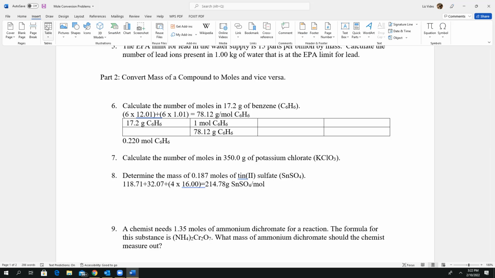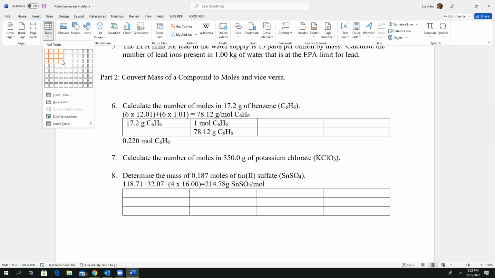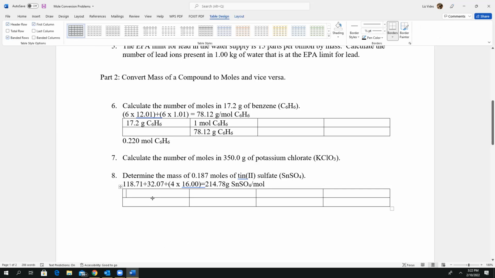We insert our little table with the 4, and we start with what we know, which is 0.187 moles of this. And for that, moles goes on the bottom this time because moles is on the top here. Is equal to 214.78 grams.